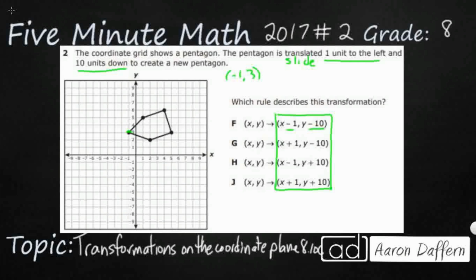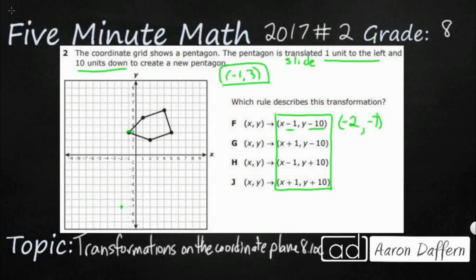We're going to use that as our base. If I do negative 1 minus 1, that's negative 2, and 3 minus 10 is negative 7. So my negative 1, 3 is going to turn into negative 2, negative 7, way down here.